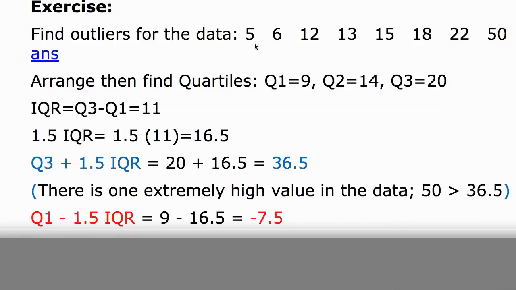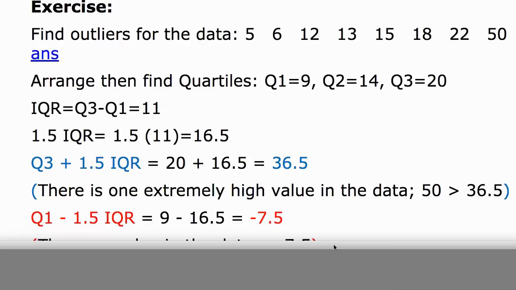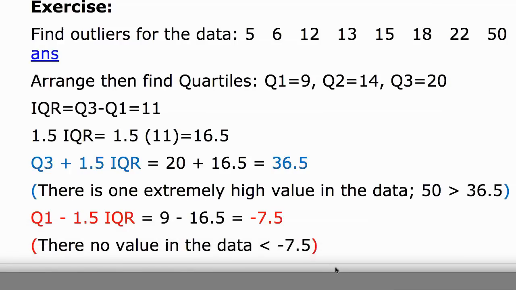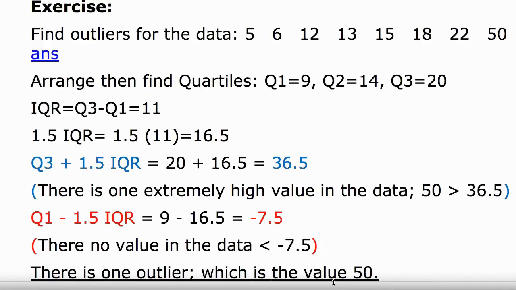The minimum value in the data is 5, which is bigger than minus 7.5, so it's inside the fence. 5 is inside the fence, 6 is inside the fence, 12, 13, 15, all of them are inside except for the 50. 50 is outside. So the only outlier I have is 50.